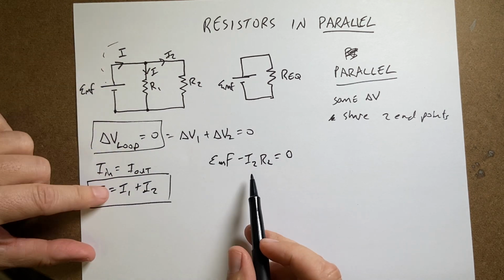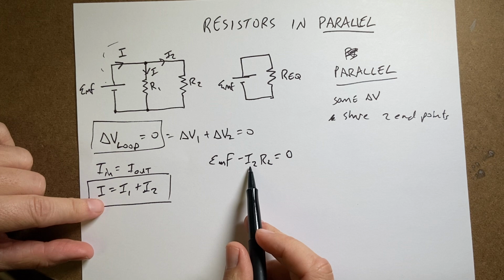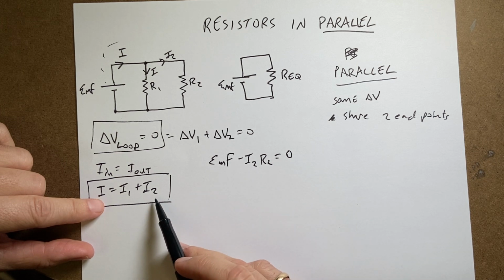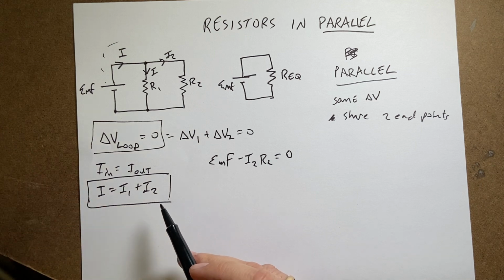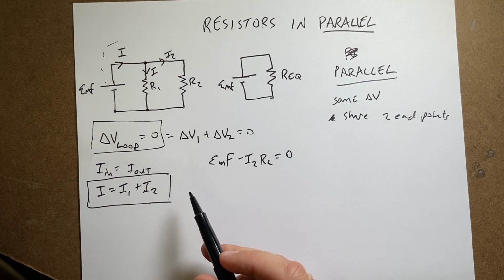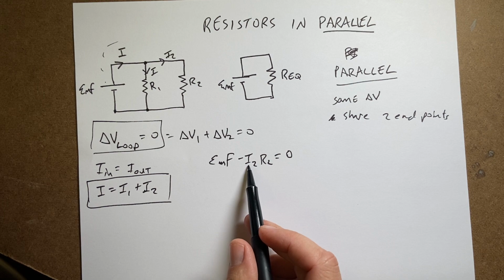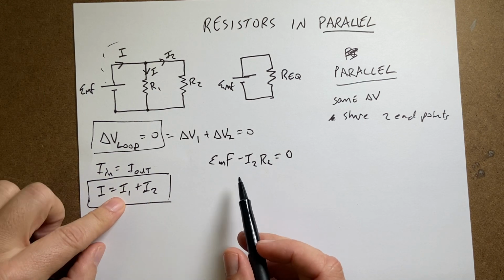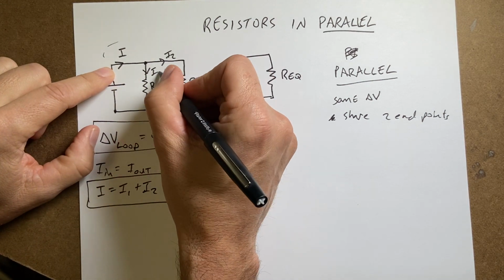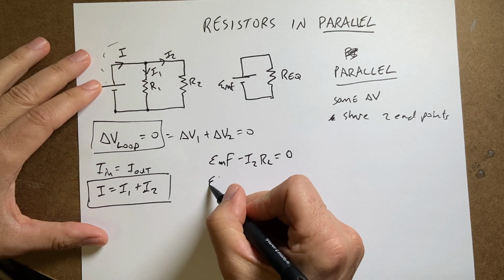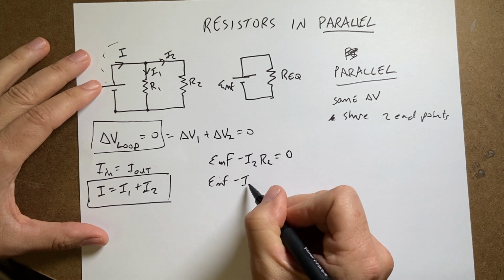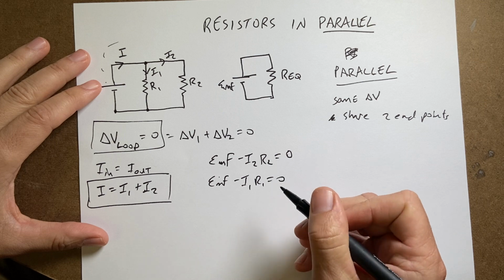Okay. So I want to find I1. There's I2 right there. Let's do the same thing for this loop. That's I1. So I also get EMF minus I1 R1 equals 0.